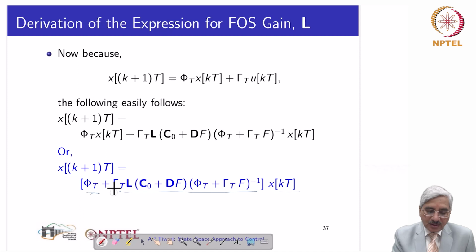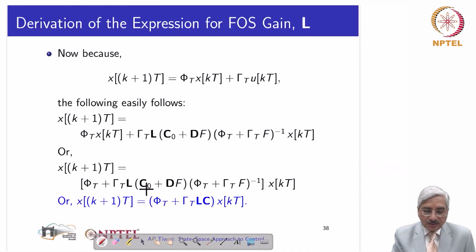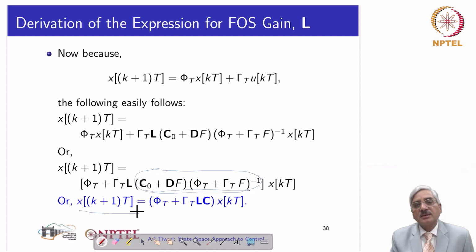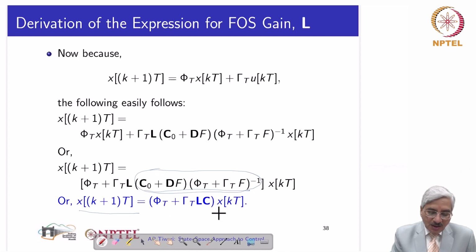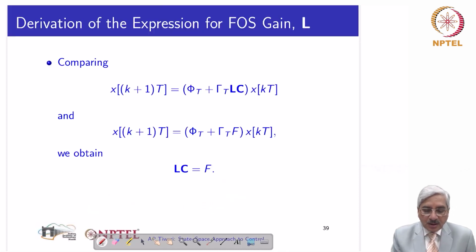Here we denoted this thing as boldface C. So we have φτ plus γτ LC x(kτ) equal to x((k+1)τ). This relationship we obtain. Of course, this is also comparable to that one, φτ plus γτ f x(kτ), and that means LC and f should be the same. This is what we obtain, LC equal to f.